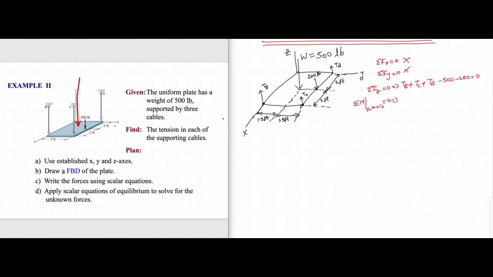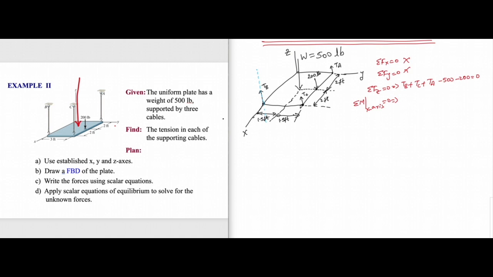So the distance between the line of action of TB and x-axis is 0. For example, if TB was acting there, we would have had some distance. But we don't, so we don't have any distance.